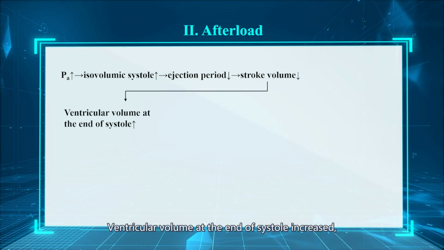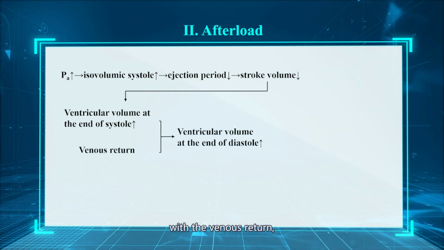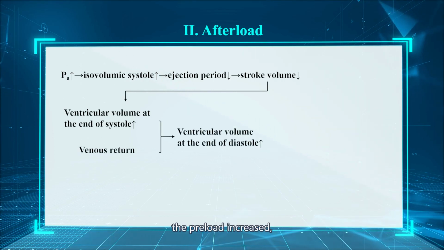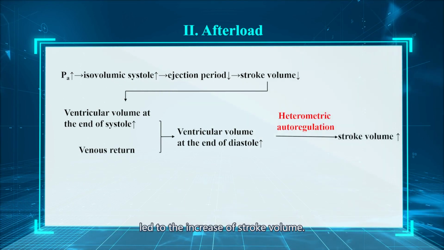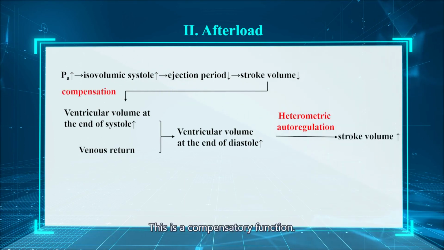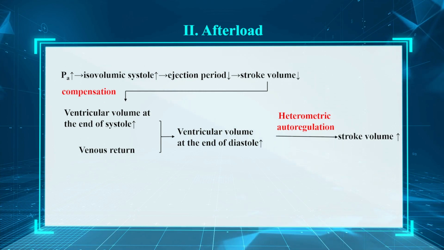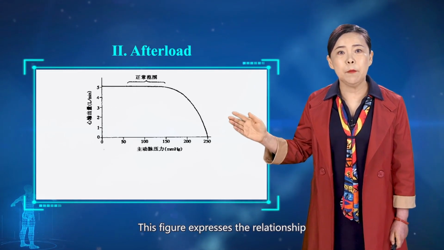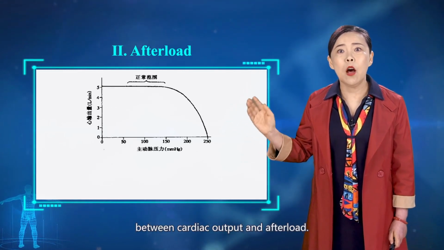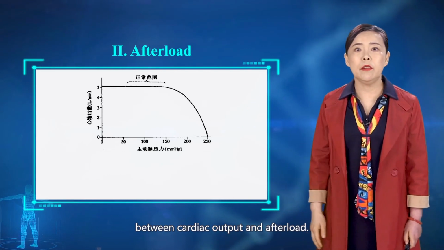Ventricular volume at the end of systole increased. With the venous return, the preload increased, leading to the increase of stroke volume. This is compensatory function. This curve expresses the relationship between cardiac output and afterload.